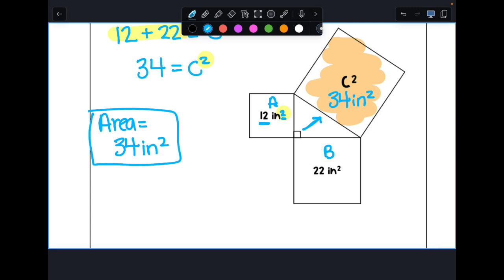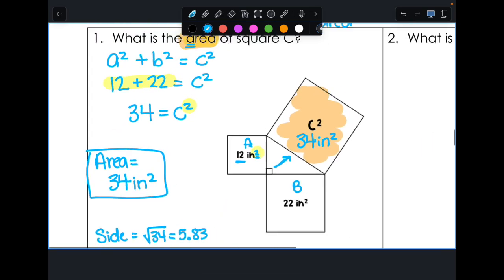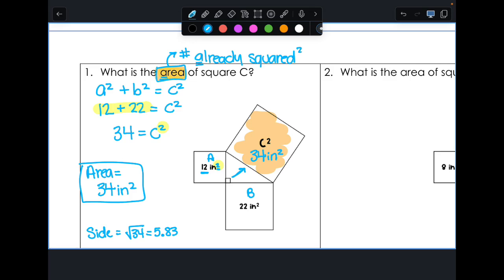To find the side, you square root. So if we want to find the side, we take the square root of 34. What's the square root of 34? Press second, x squared, put a 34. 5.83. But the question asks for the area, so we stick to this answer. Got it?